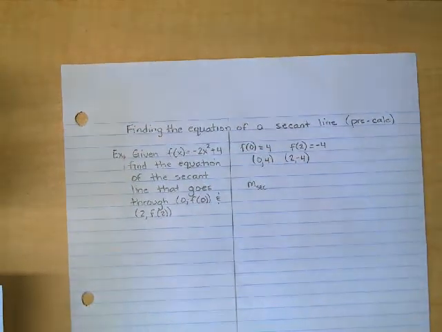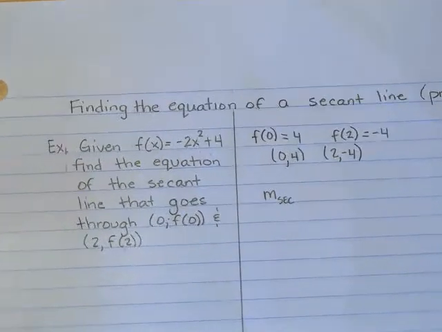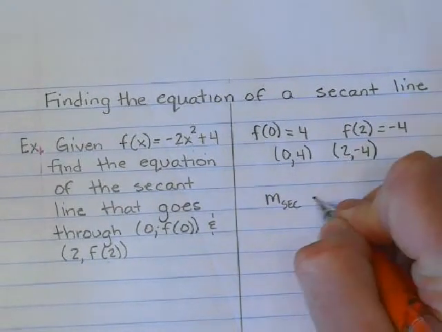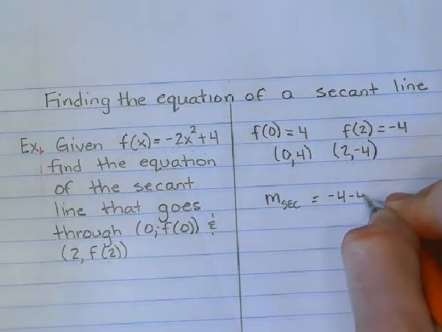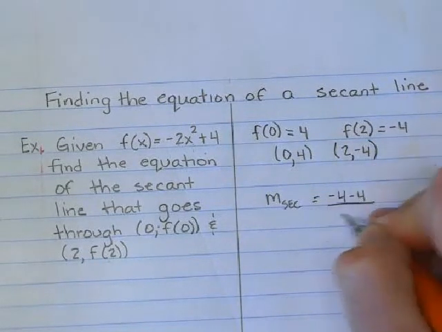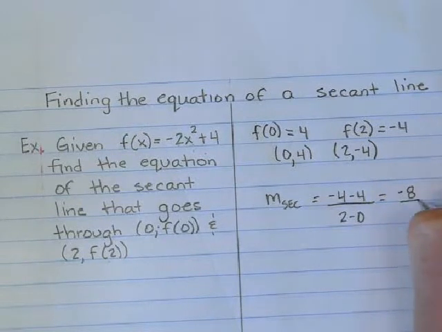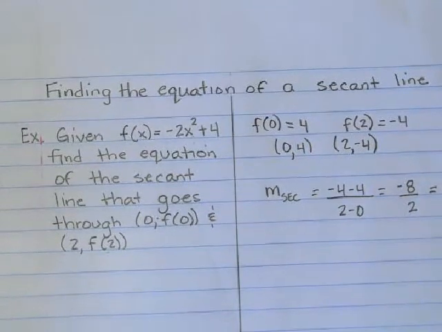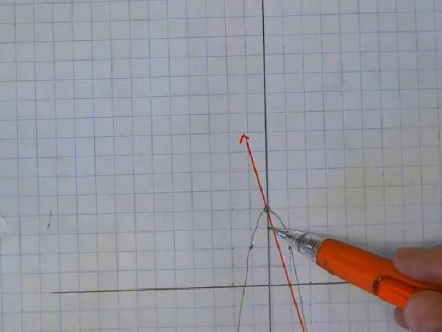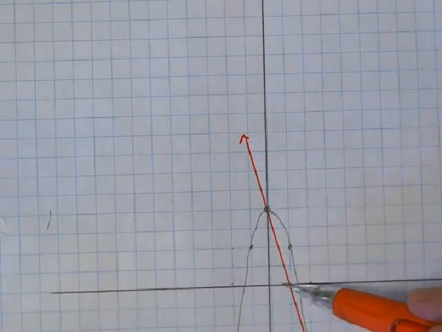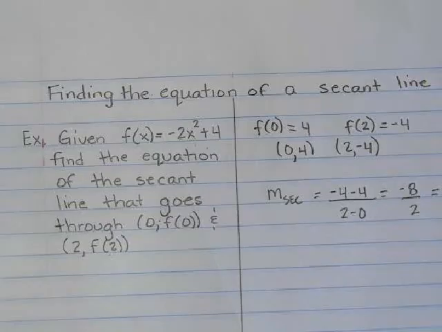And it's just regular old slope like you've always done. So I'm going to go negative 4 minus 4 over 2 minus 0. And that is negative 8 over 2, which is negative 4. Well, let's look if that's reasonable. Yep, 1, 2, 3, 4 over 1 sure is.